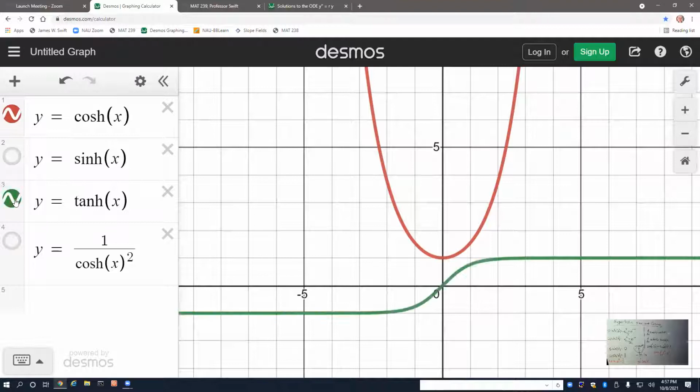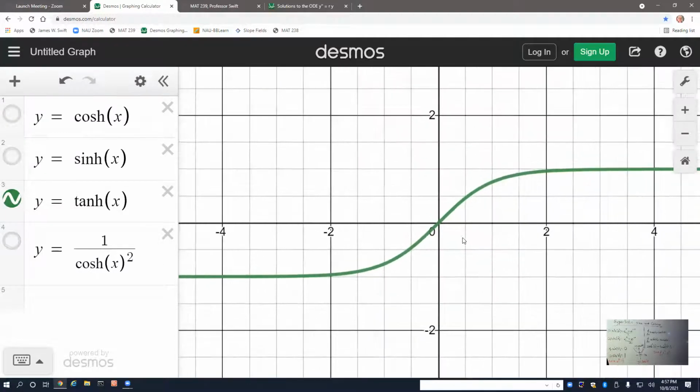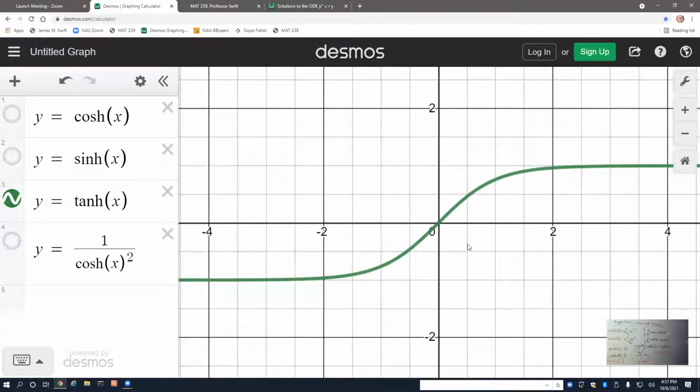I've drawn pictures here because it's really important in this day of artificial intelligence, the hyperbolic tangent of x. Hyperbolic tangent of x is hyperbolic sine of x divided by hyperbolic cosine of x. And it moves from a horizontal asymptote of -1 as x goes to negative infinity to +1 as x goes to infinity.